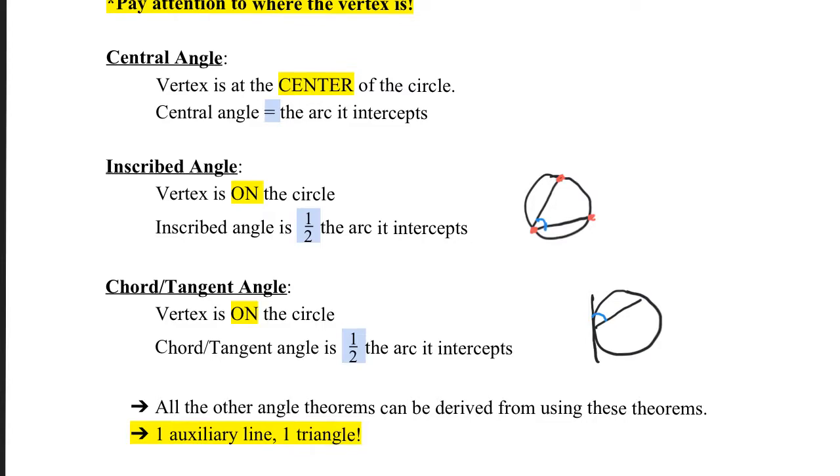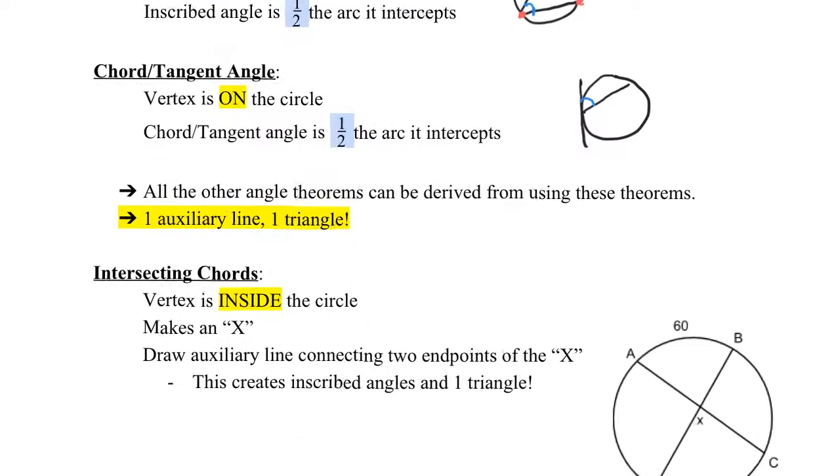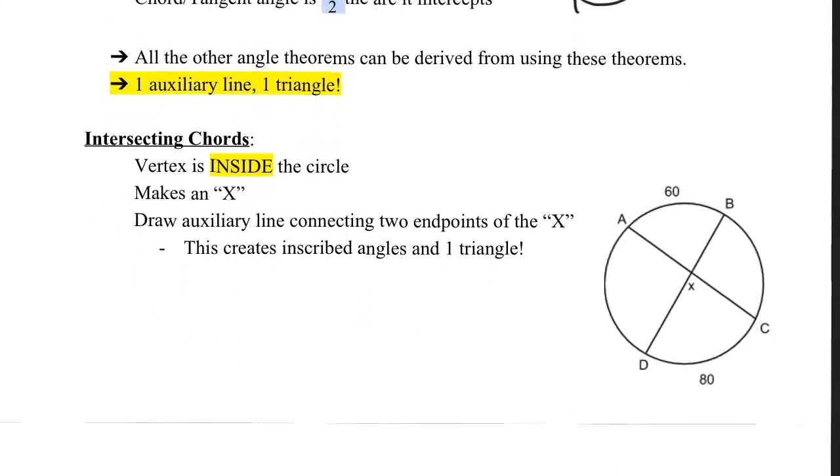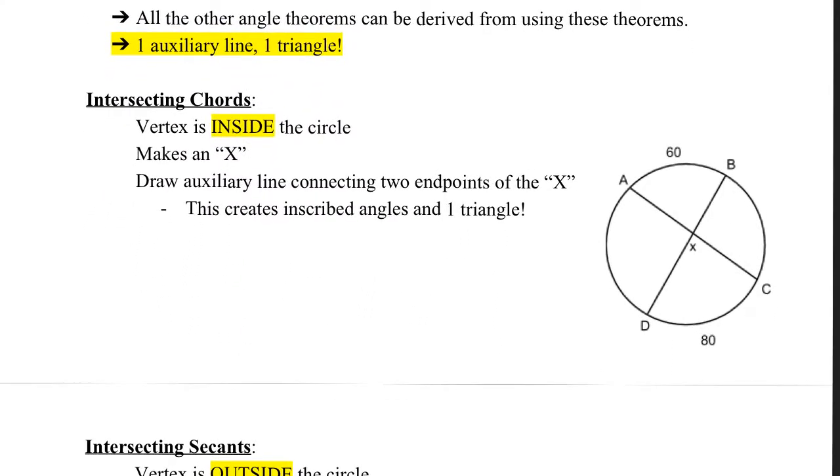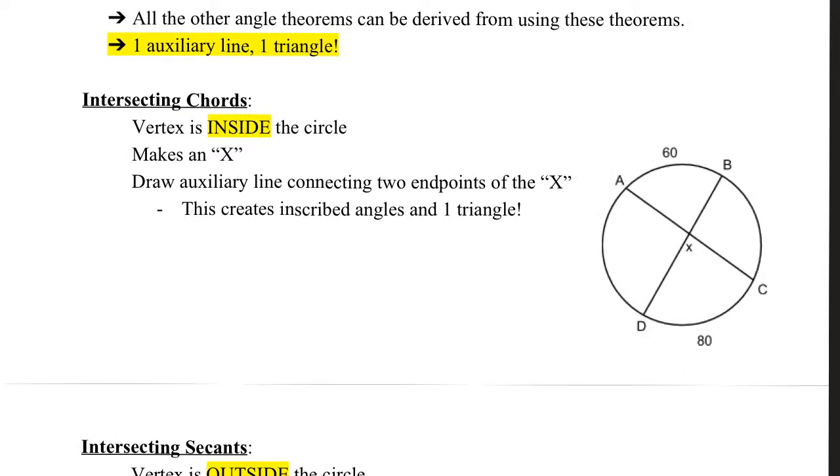All right, well, then how do we go through and find these angles? Here's an example. In this example, we have intersecting chords, and you can tell because it makes an X in here. So how do we do this?